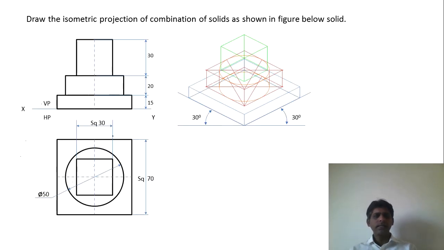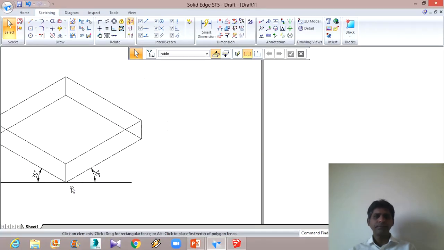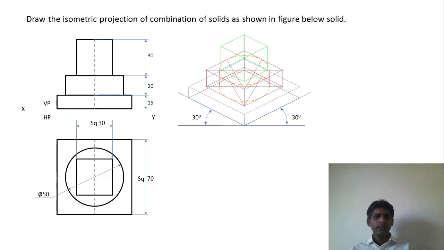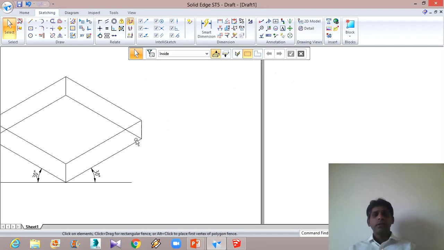So the cylinder is 50 millimeters in diameter. This 550 means it is the diameter. If R50 is given, then the radius will be 50 mm, but in this case the diameter, the complete length is 50 millimeters.